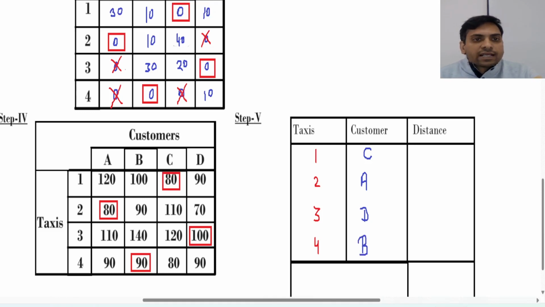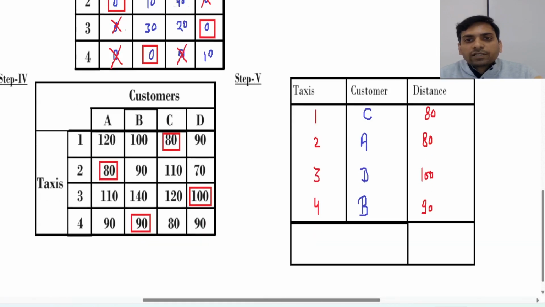So first distance is this 80. Second distance is again 80, and third distance is 100, and then fourth distance is what? 90. Now we will find the total distance. So the total distance for this case is 350.